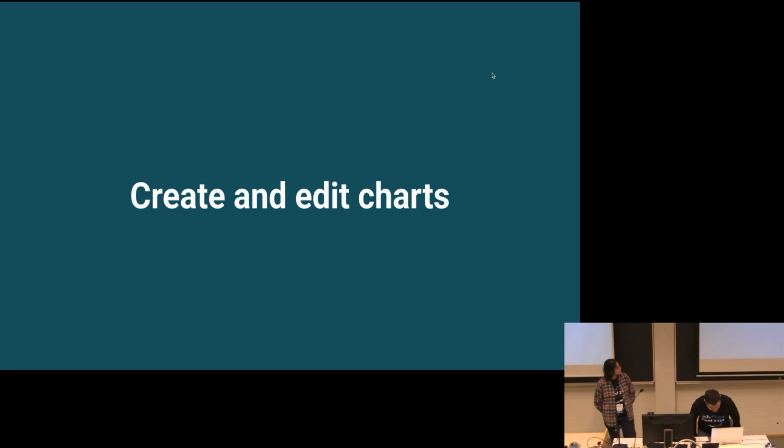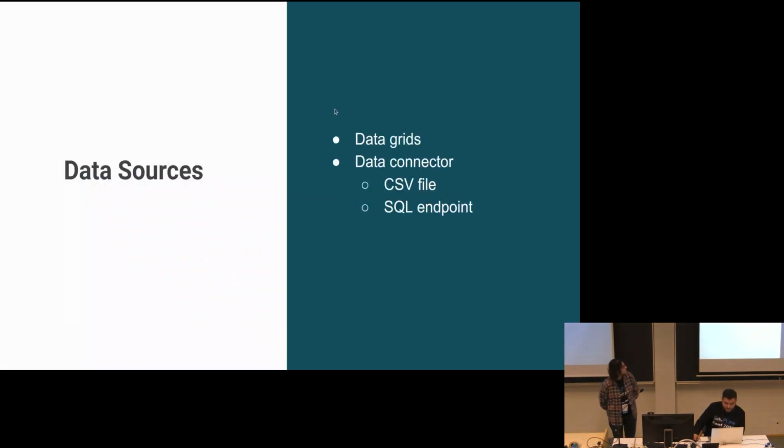Okay. Now we can make a little demo about charts. So to bring data into your charts, we have a couple of options. We have those data grids, like you saw when Anna showed that template.